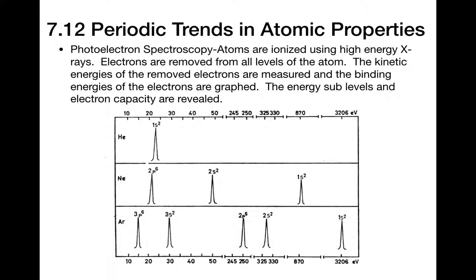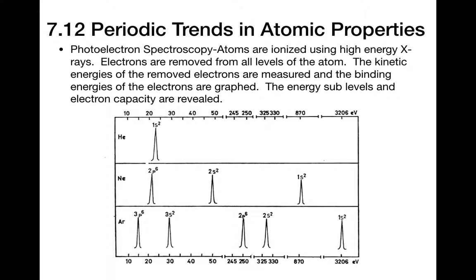Generally, to understand the process, you use high energy X-rays, which are high enough energy to promote any electron in the atom out of the atom and into an ionization state. And so we're not just removing the valence electrons as we see with the ionization energy graphs and tables, but we're removing any electron in the atom.